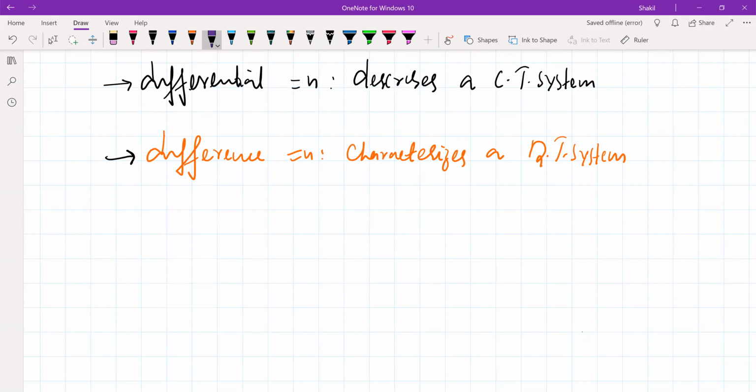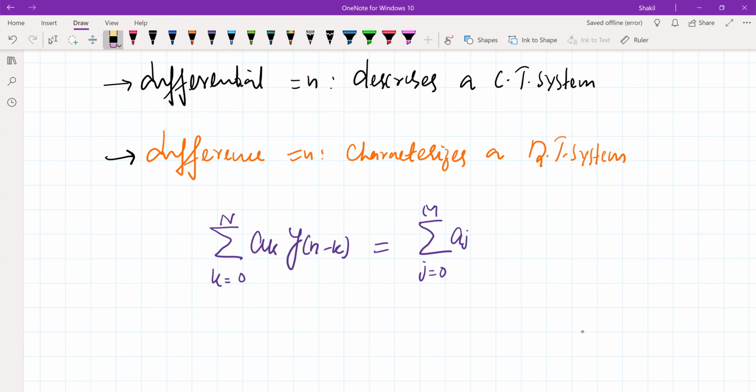Now, the nth order difference equation can be written like this. Summation k running from 1 to n, a_k y of n minus k, equals summation j running from 0 to m, b_j x of n minus j.